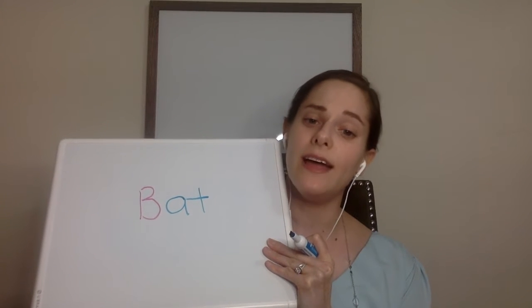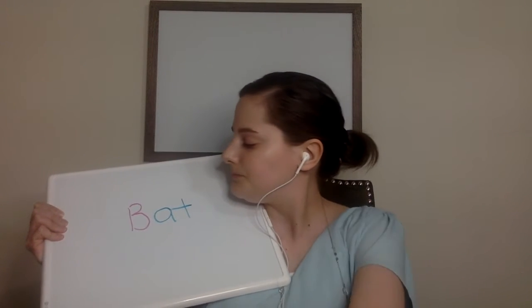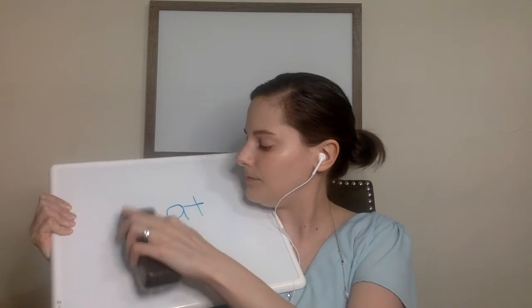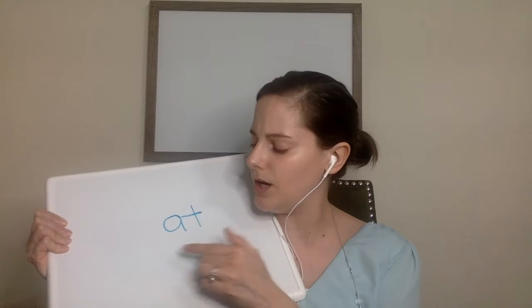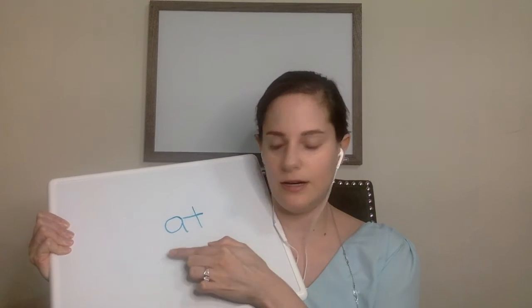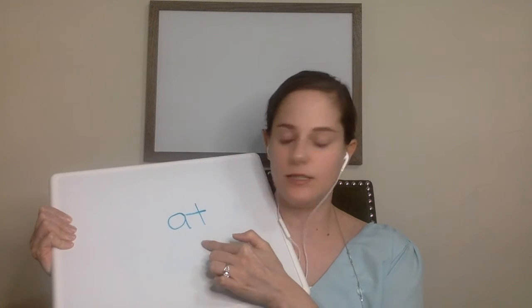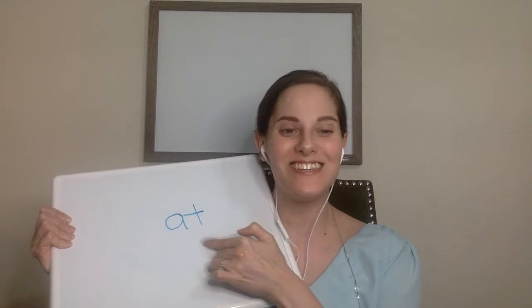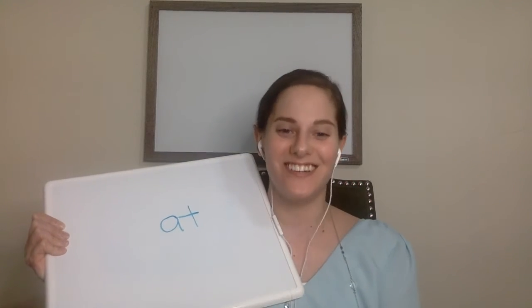Now let's take away or delete the B. Okay, now we have a new word. What word do we have now? What sounds are there? A, t. What word is that? At. Good.